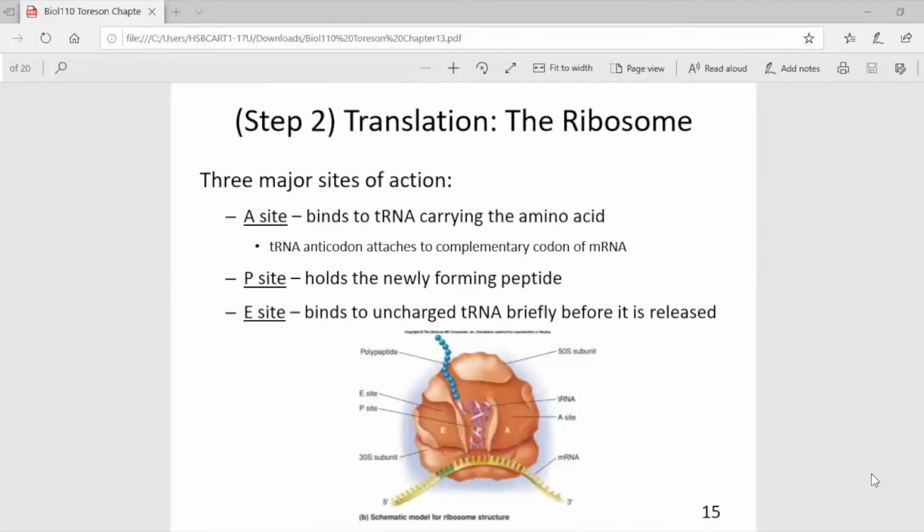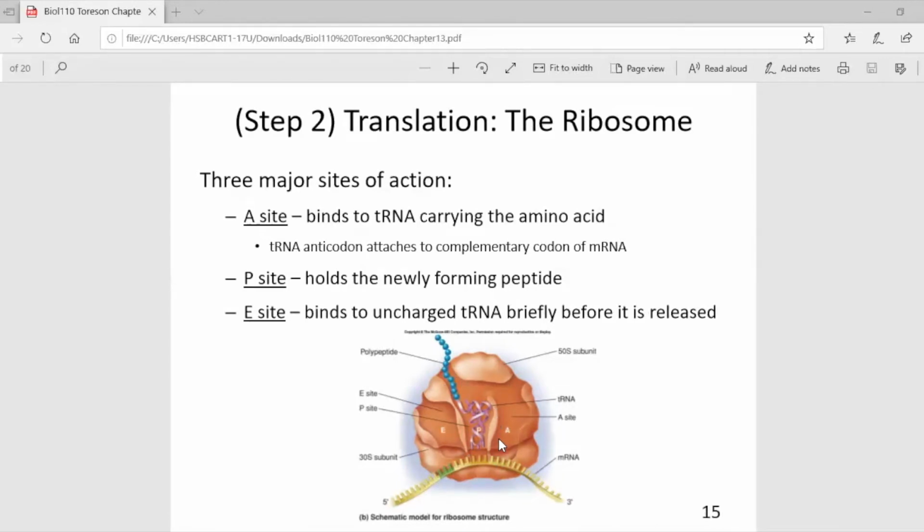The second step in gene expression is translation. Translation is done by the ribosome. Back in Unit 1, we learned that the ribosome is responsible for protein synthesis, and now we are looking at the details of this process. So here in yellow is the RNA molecule, and here in this orange color is the ribosome.